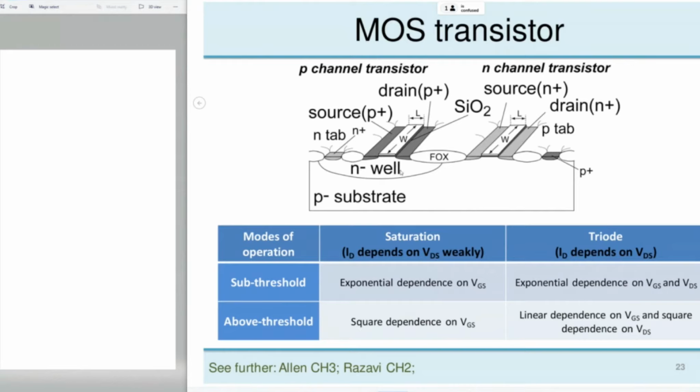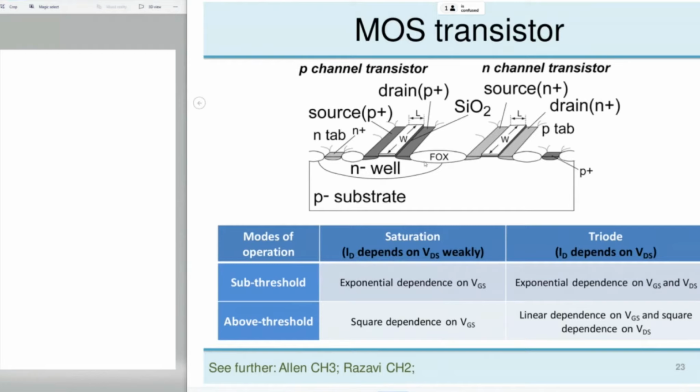And we have basically three main modes of operation of these devices. Here, for completeness, I listed four. We can either have them in saturation or in the triode region, where saturation means that the current through the structure only weakly depends on the drain source voltage.